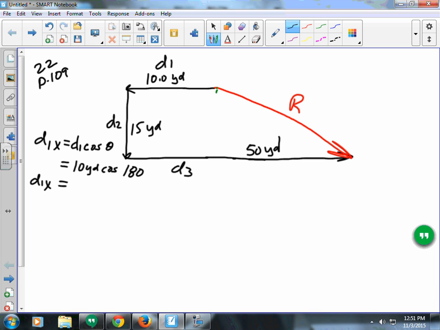Oh, it's negative 10 yards. There's not really much calculating to go through. All right, so D1y is 10 sine 180, which would be 0.